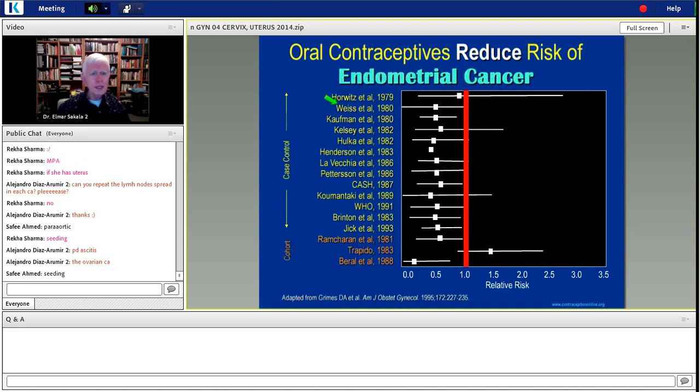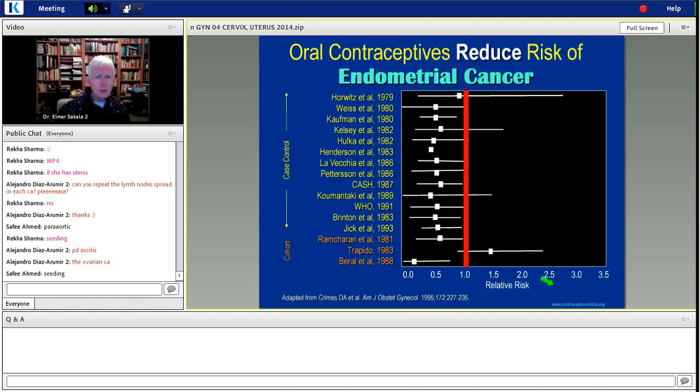Now, when you look at the relationship of long-term oral contraceptive use versus the risk of endometrial cancer, it's very interesting. This is looking at the relative risk of endometrial cancer on the x-axis. A risk of 1 is this vertical red line that I've drawn in. If you have a risk which is less than average, you will move over to the left. If you have an increased risk, you will move to the right, and your number will be over 1.